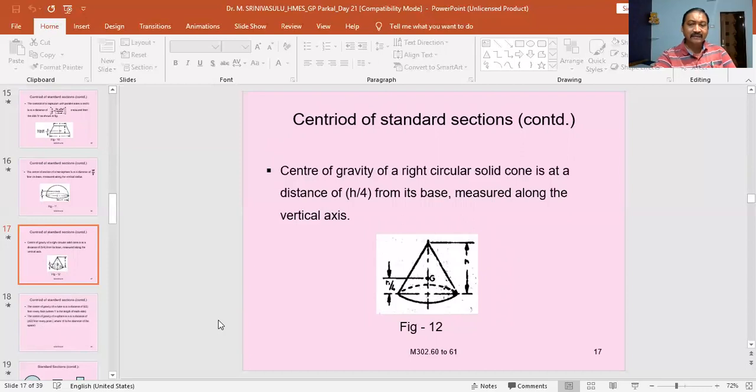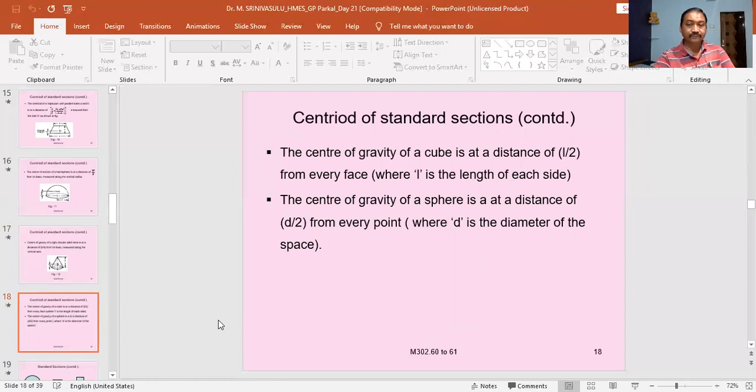Next, the center of gravity of a right circular cone. In this case, the cone has height h and radius r. This cone is also symmetrical about the y-axis. So here the y coordinate is equal to h by 4, where h is the height of the cone from its base.